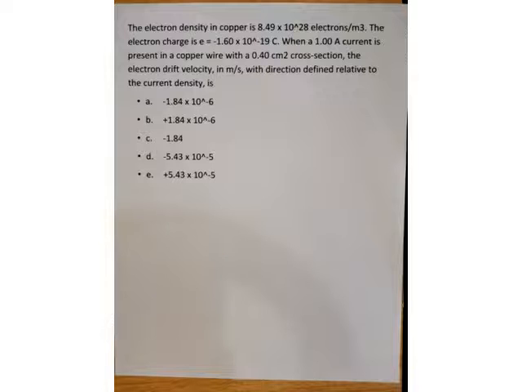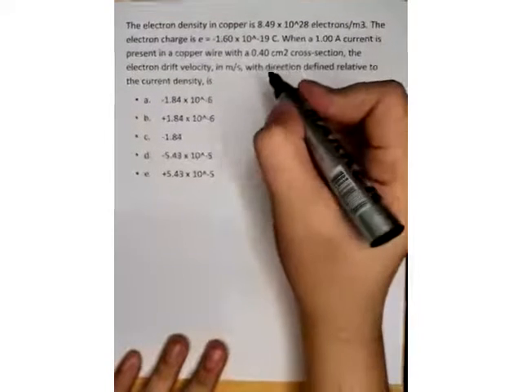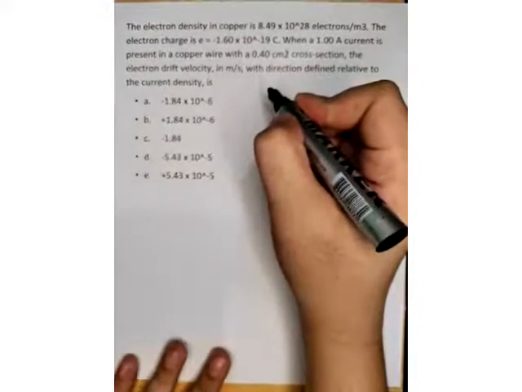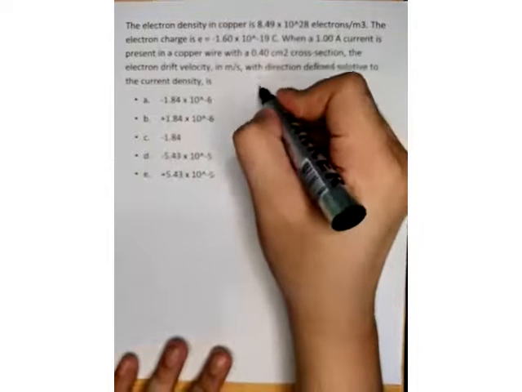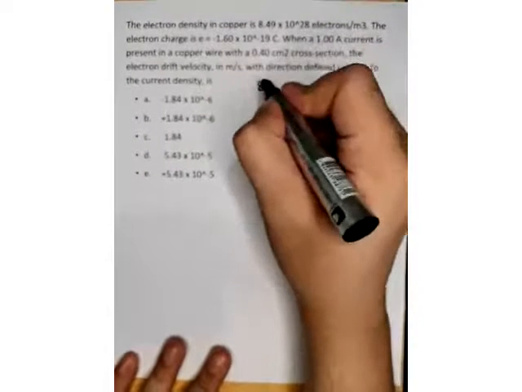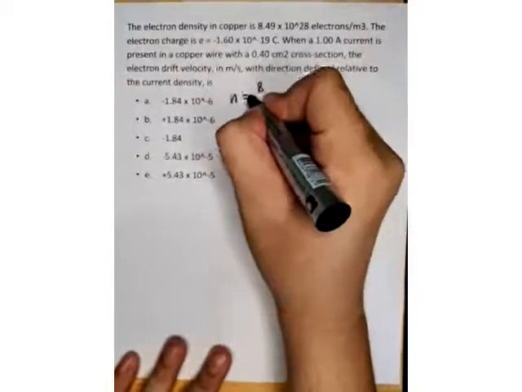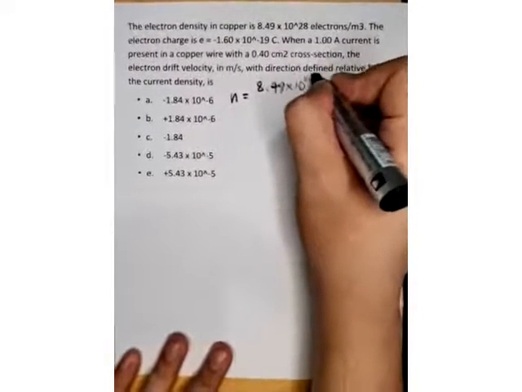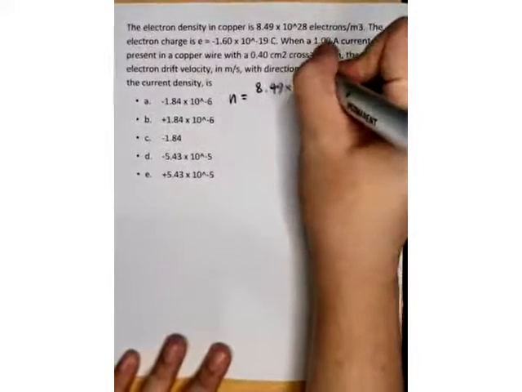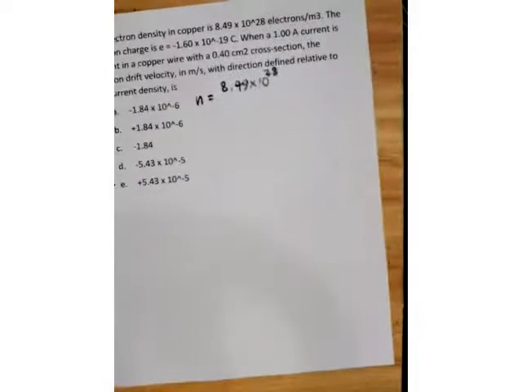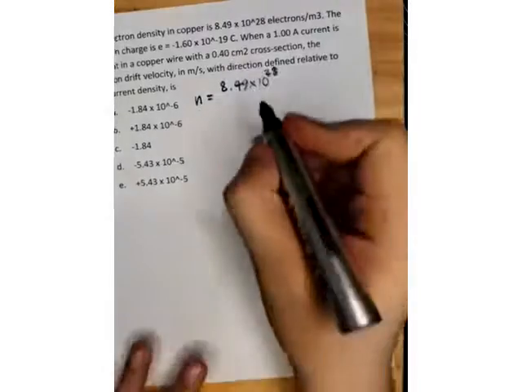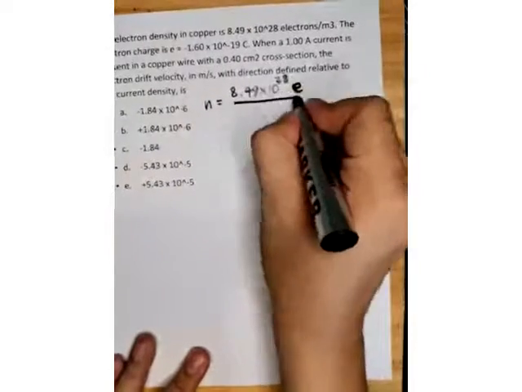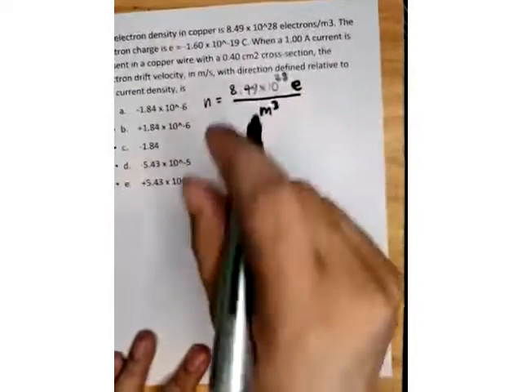Okay. So we are given that the electron density, yung N natin ay equal to 8.49 times 10 to the 28 electrons per cubic meter.